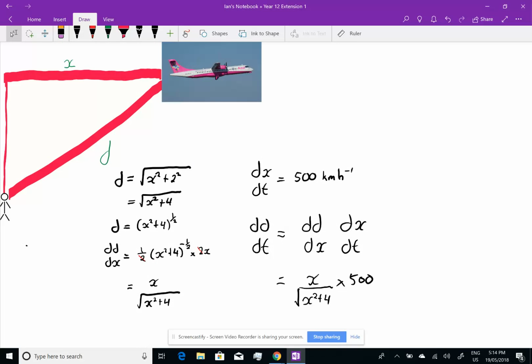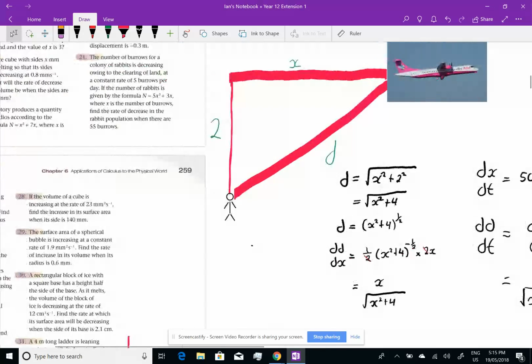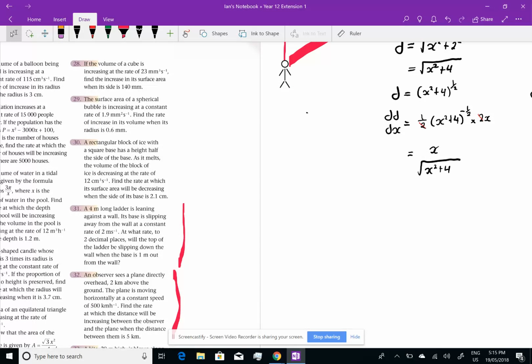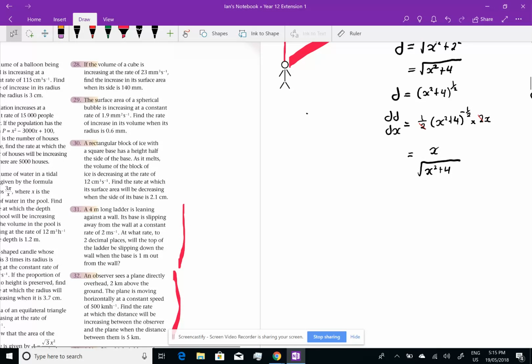So dD/dt equals 500x on the square root of x squared plus 4. Now what did the question ask? Find the rate when the distance between the observer and the plane is 5 kilometres.